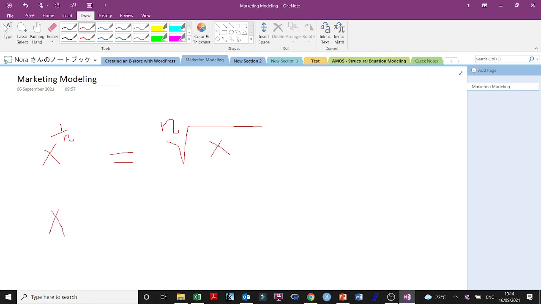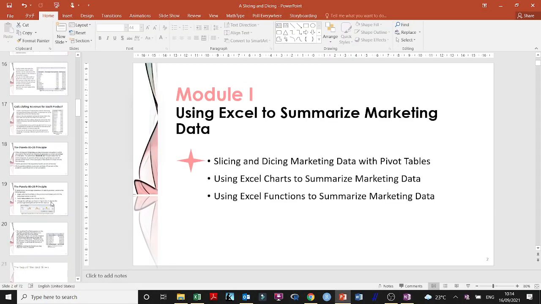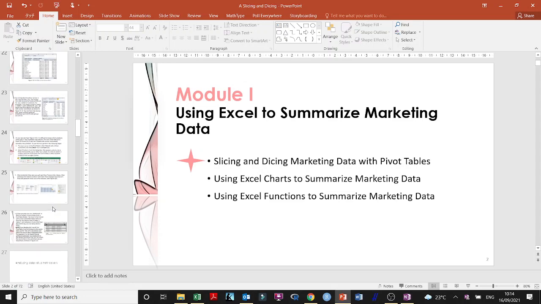So x to the power of 1 over 2 is equal to the square root of x. And then 3. Wow, what a nice handwriting, Nora. Perfect for a teacher.